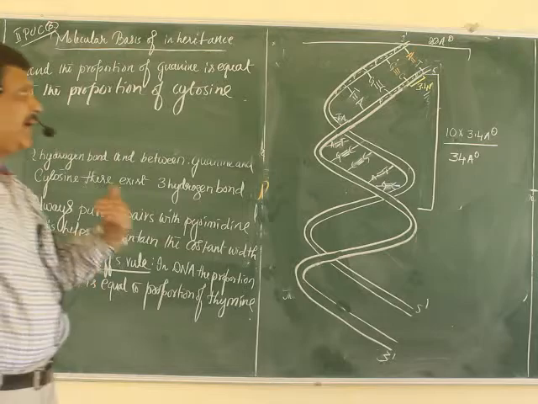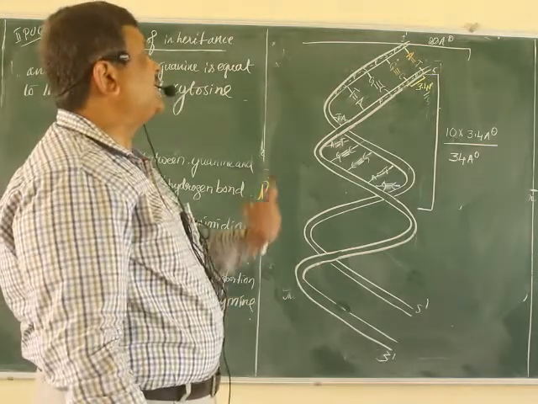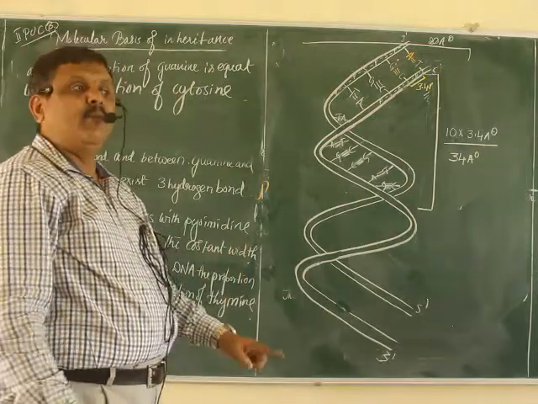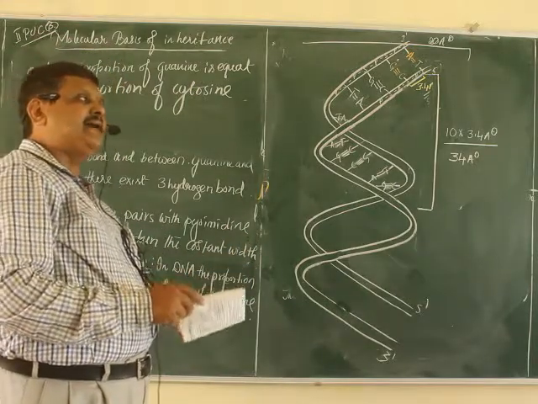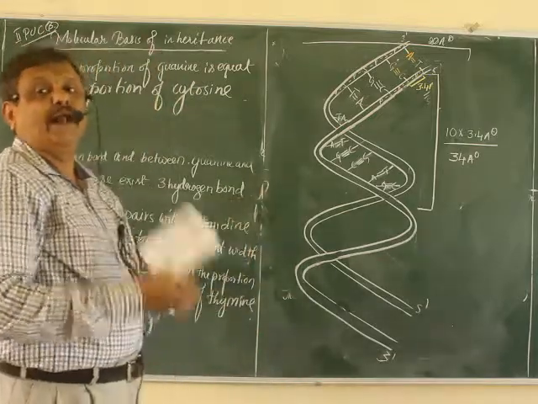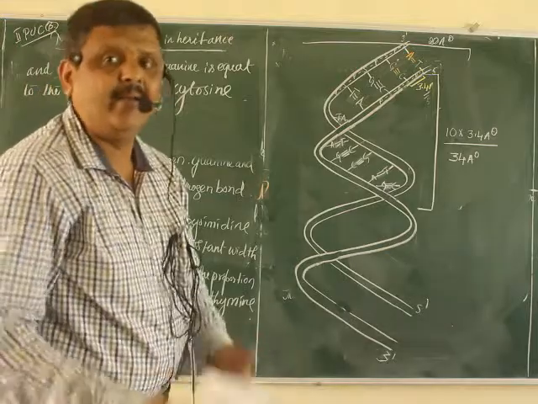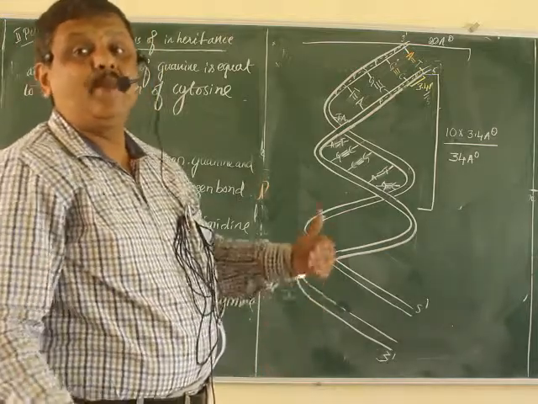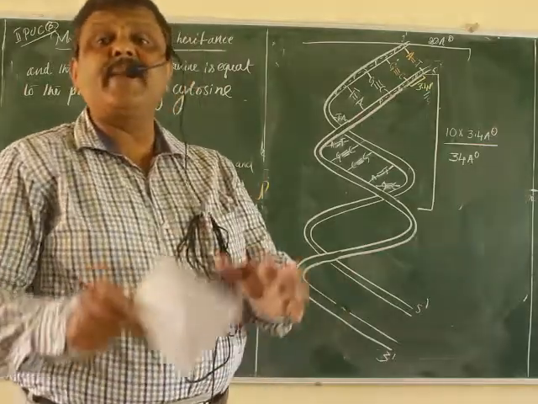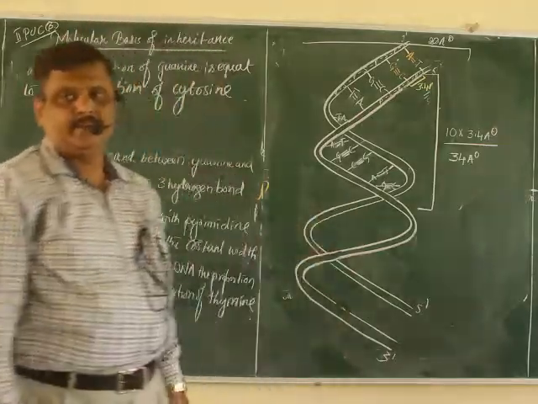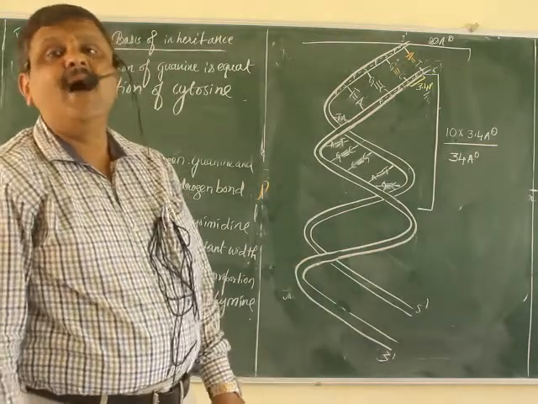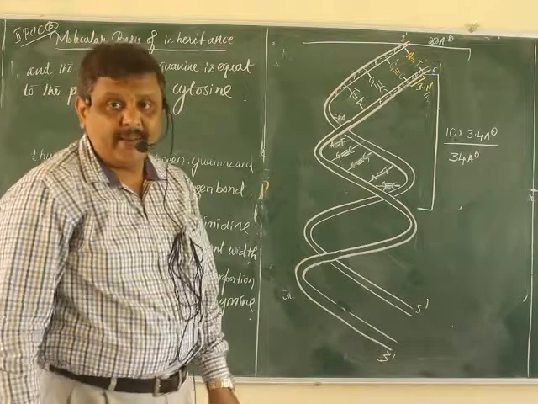If the number of guanine is 50, the number of cytosine also should be 50 only. It should not be 51, because there will not be any unpaired bases in the DNA strand. That you should remember.